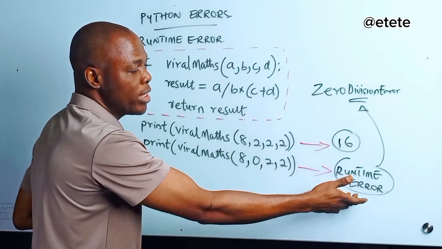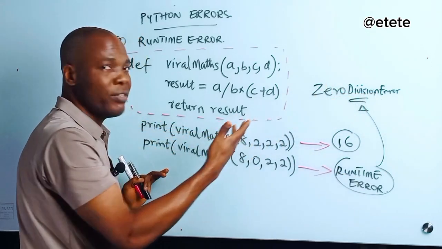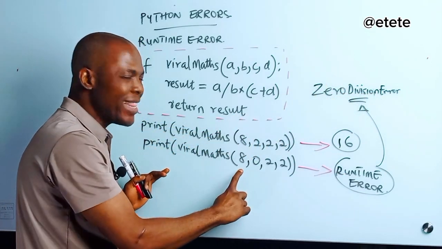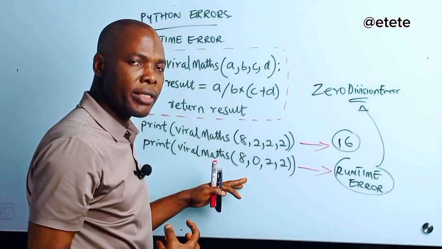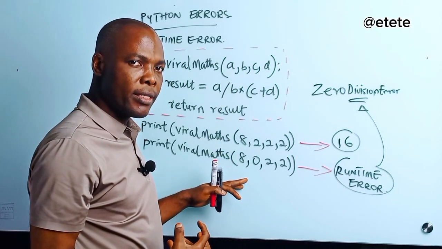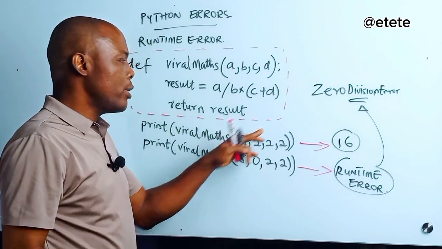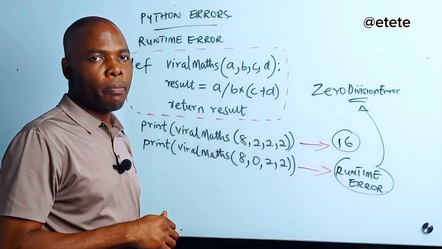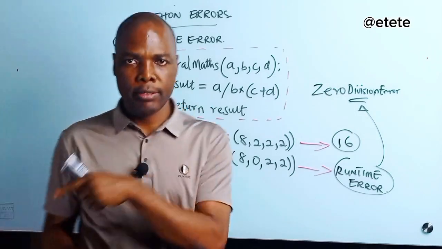This one will execute and it will give you runtime error, which is what? Zero division error. You cannot divide by 0. And that is coming as a result of what was introduced from outside, right? So your program will execute, but because of the parameters that you are supplying, you will encounter this error. So let's go to the PyCharm and let me demonstrate this for you to see.